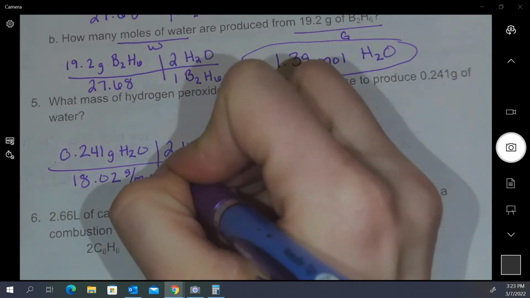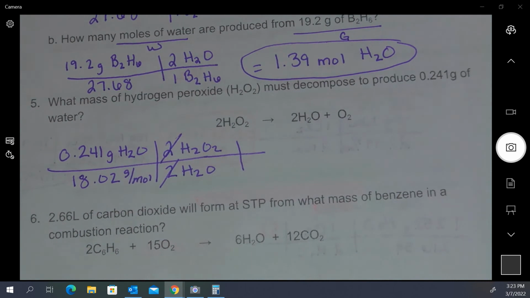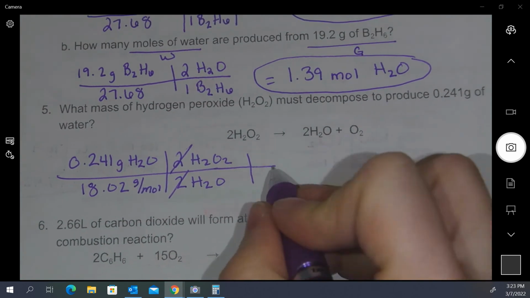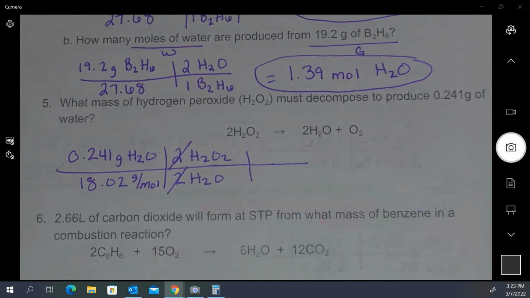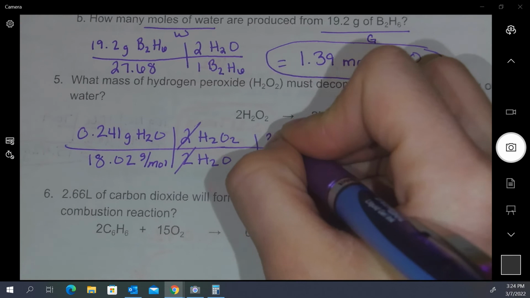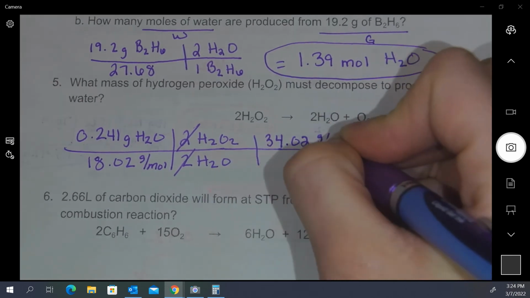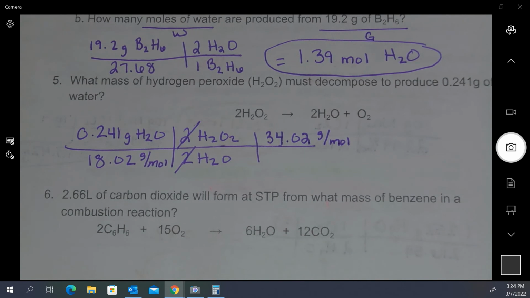We're given water, there's a 2 in front of H2O. So thankfully our mole ratio just kind of cancels itself out. And lastly, we want the molar mass of H2O2. So 32 plus 2.02 gives us 34.04, 34.02 as our molar mass of hydrogen peroxide.